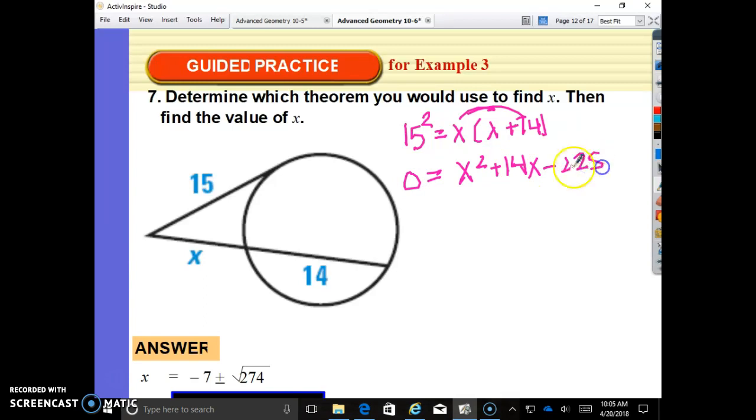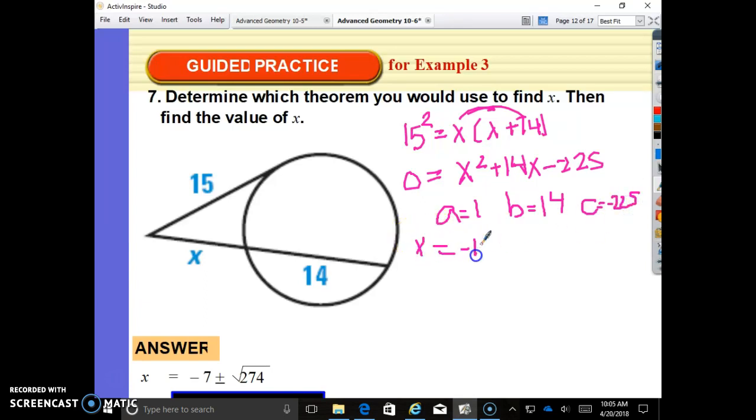This is freezing up on me. I'm going to use my mouse instead. All right, so your A is 1, your B is 14, and your C is negative 225.